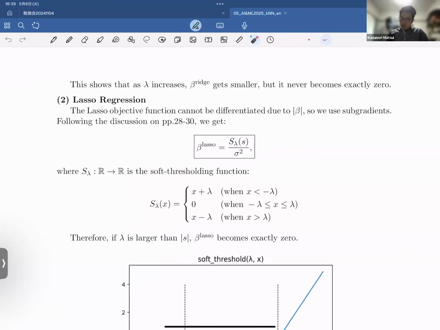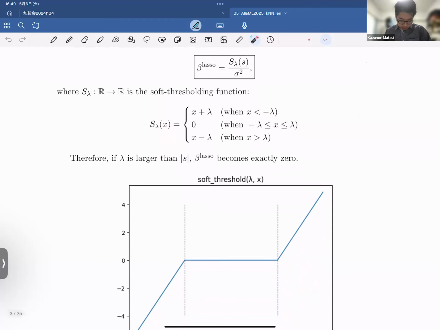For lasso regression, the objective function contains absolute values, so we can't differentiate it conventionally and must use subdifferentials. Using the discussion from slides 28 to 30, where s_k becomes s and sigma_k squared becomes sigma squared, we get this. Here S_lambda is a soft thresholding function, like that.